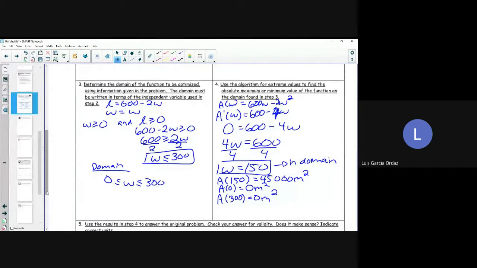The reason why I'm evaluating at 0 and 300 is because my expression was A is equal to 600 minus 2w times w. So my roots are w is equal to 300 and w is equal to 0.